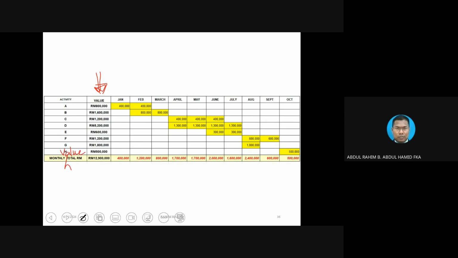Remember, because the information is given based on value. So on the first month, January, what is the bar running? And since we distribute according to the bar equally, now on January is 400,000. February, you just simply add up this thing, so you get this amount. March here, and then April, May, so you do that, okay?